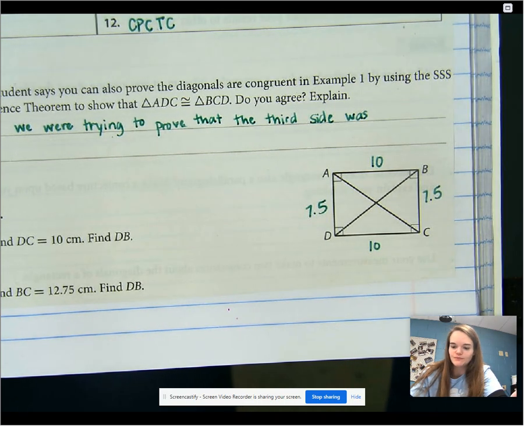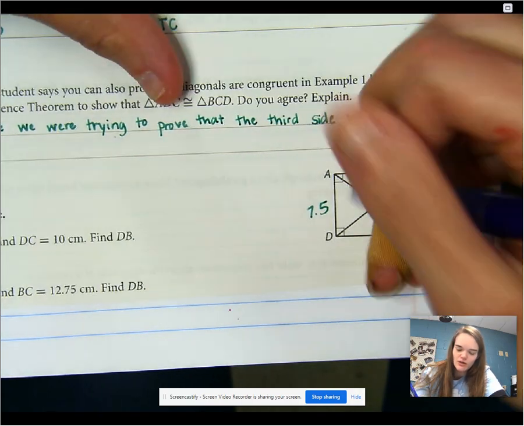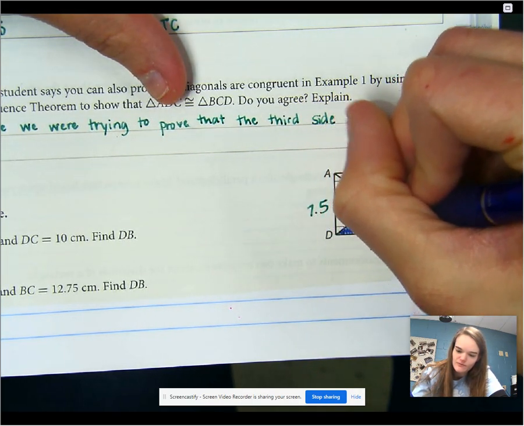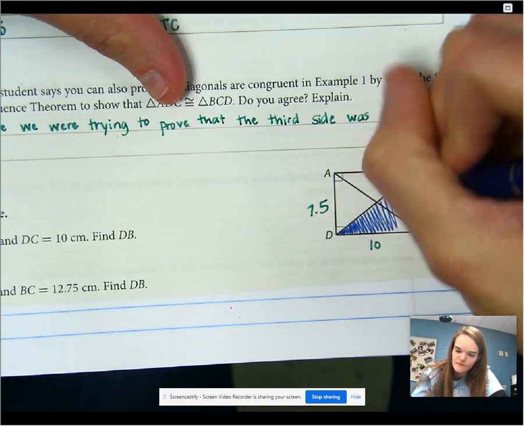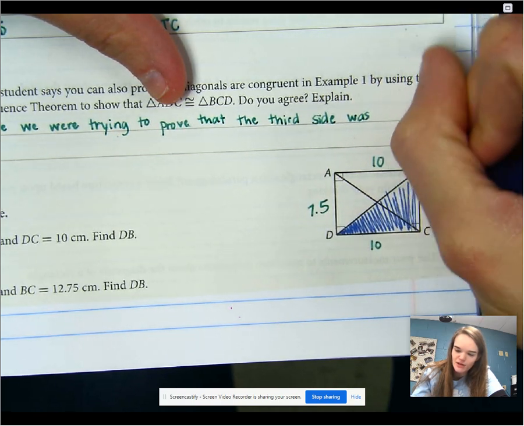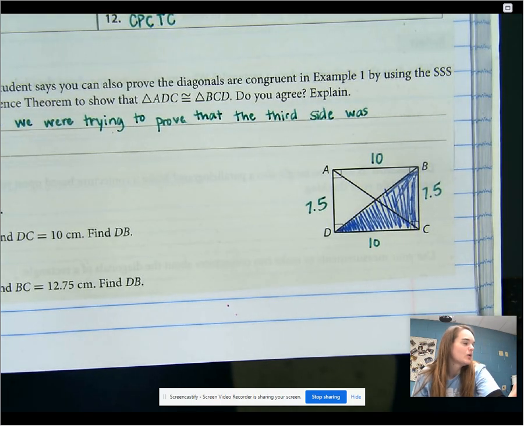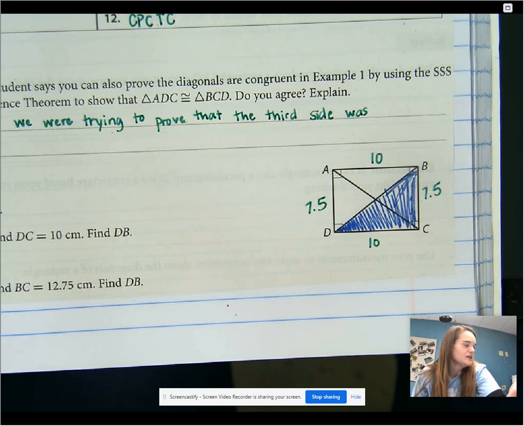Okay? Now, here's what I want you to know. I am looking for DB. DB is the hypotenuse of this triangle. That is how I'm going to find DB. I have a right triangle. I'm going to use the Pythagorean theorem to find the diagonal DB.